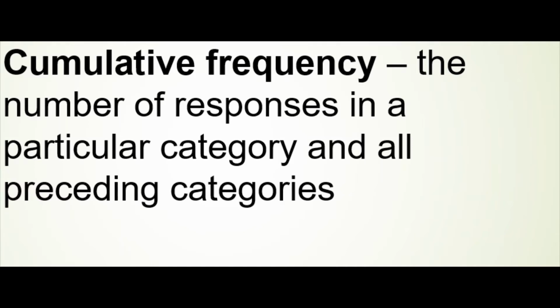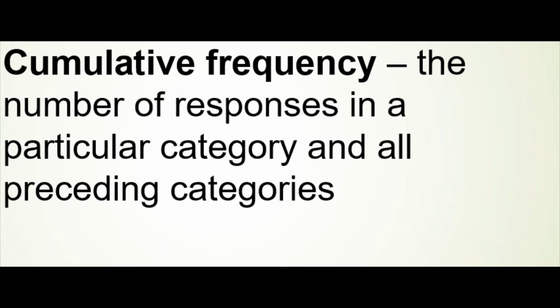So to the 30, we'd add 50, and so that means that 80 of my students have at least a B in the class. And then we'd add the 40 and say that 120 of my students have at least a C in the class.